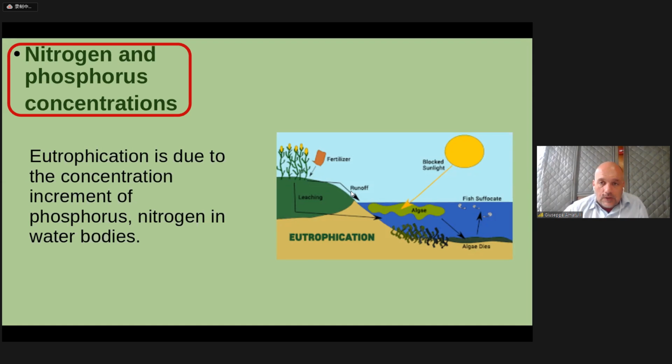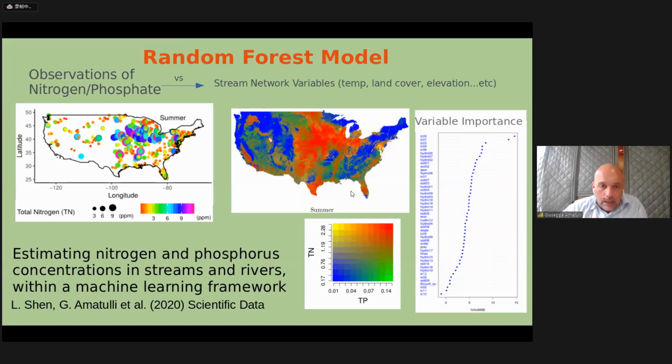In this context, with Lunzu, we were building a machine learning model to use the different water quality samples in the United States that change according to the location in terms of presence. And we mapped them with the different environmental predictors that are listed over here, among them all the different land cover, land use, temperature, and precipitation.